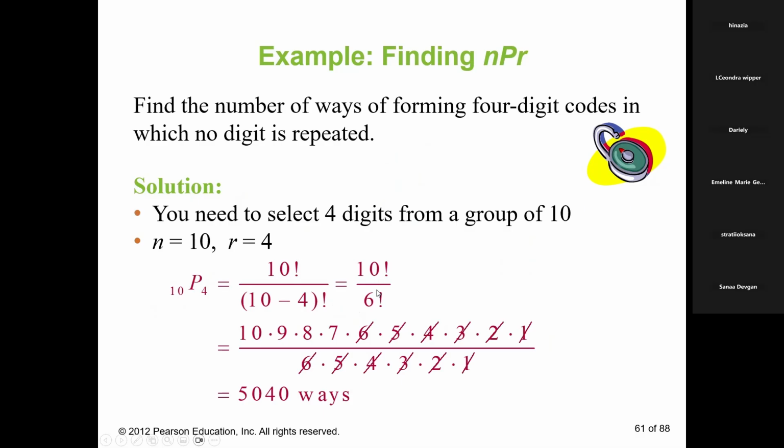So that's 10 factorial over 10 minus 4, that's 6 factorial. Watch. For the 10 factorial, you start at 10 and go all the way down to 1. Can you see that? Same thing for the 6 factorial. Start at 6, you go all the way down to 1. And then you simplify 6, 5, 4, 3, 2, 1.